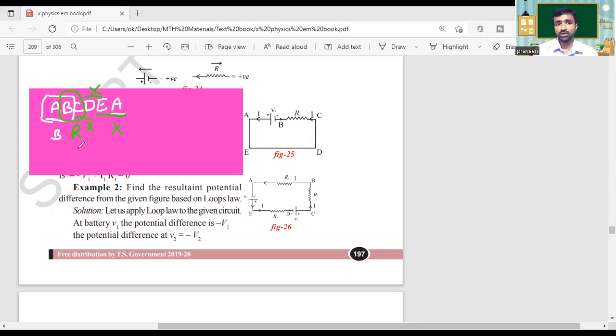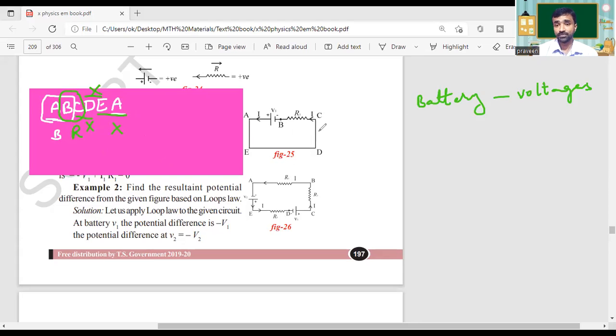So I got two components in the loop: a battery and a resistor. In case of a battery, directly you are able to get the voltage.